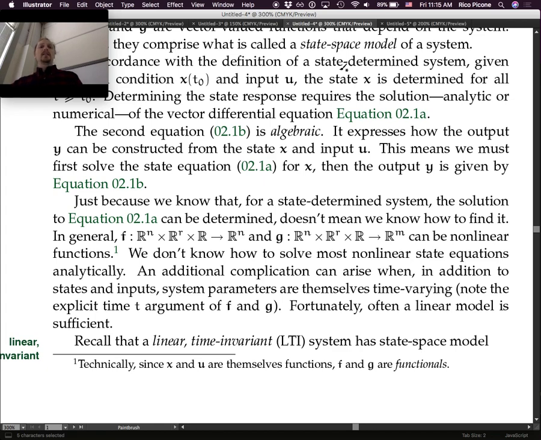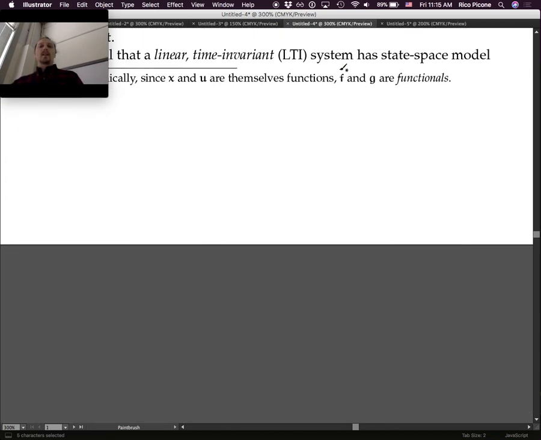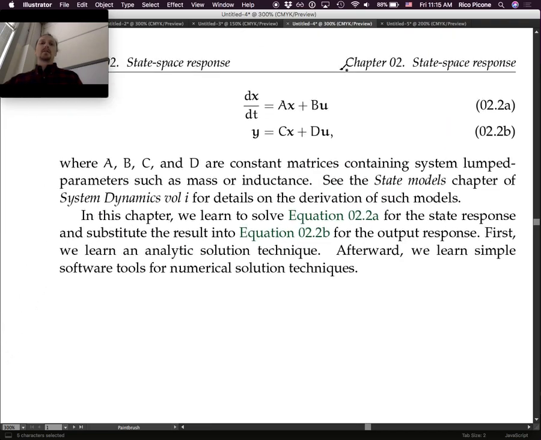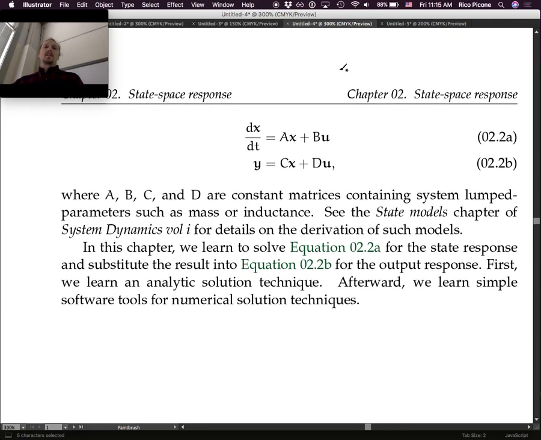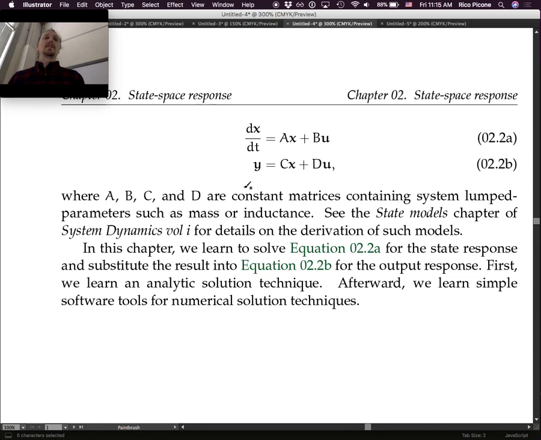Recall that a linear time-invariant system has state space model. So the left-hand side of each of these equations is the same: dx/dt for the first one and y for the second one. It's what they equal that's a little bit different. So we said that this is for linear and time-invariant systems.